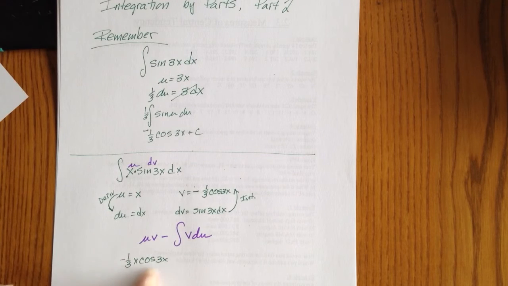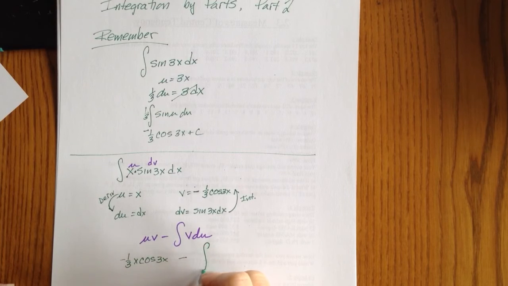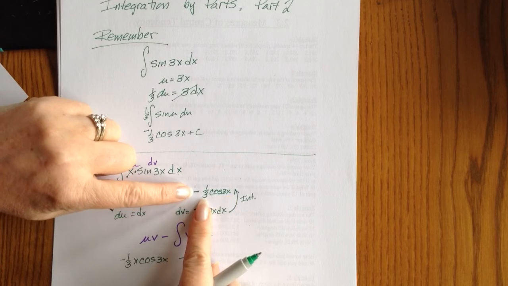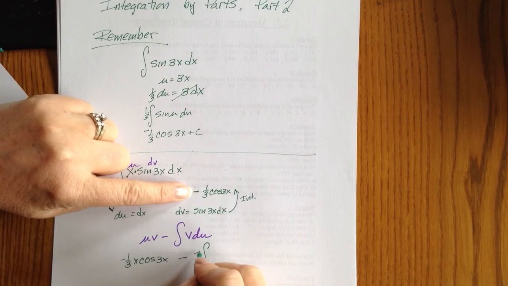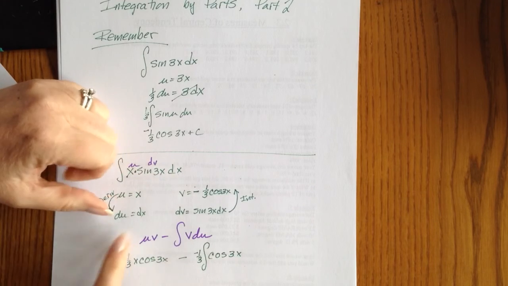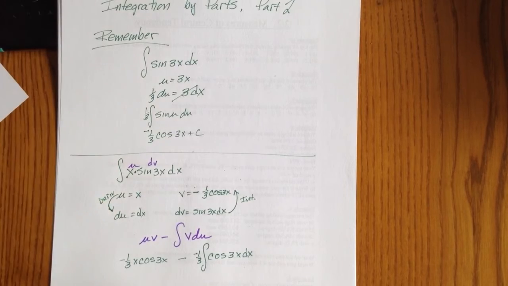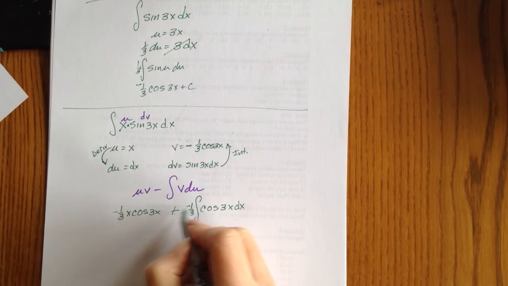So there's v with the u in there, minus the integral of v. Now, let's think ahead. I'm going to pull the scalar and the negative, v du is dx. Yeah? Okay. Yes, these cancel.